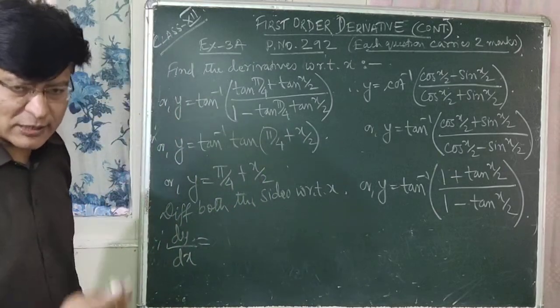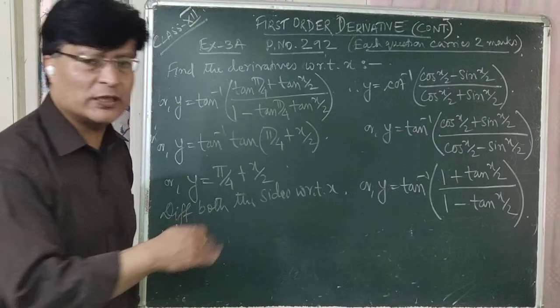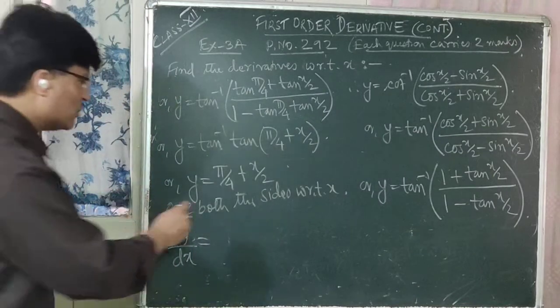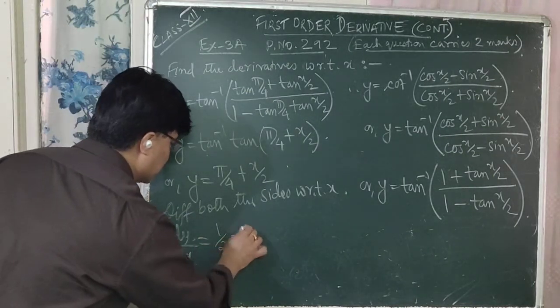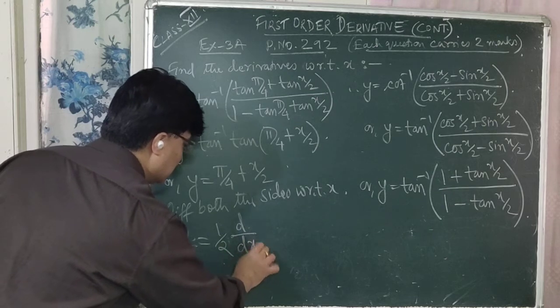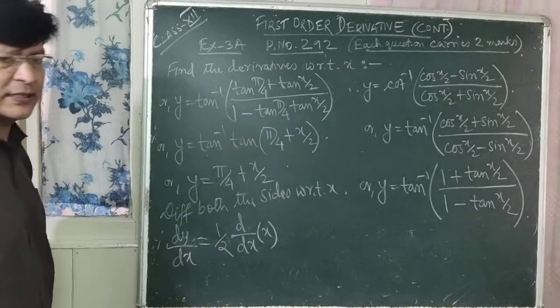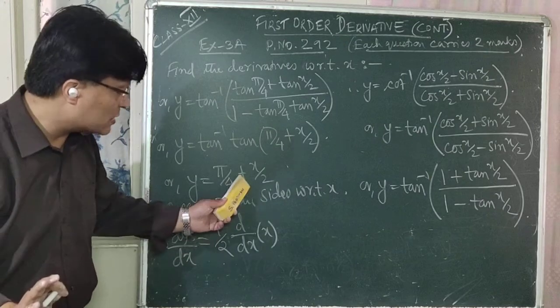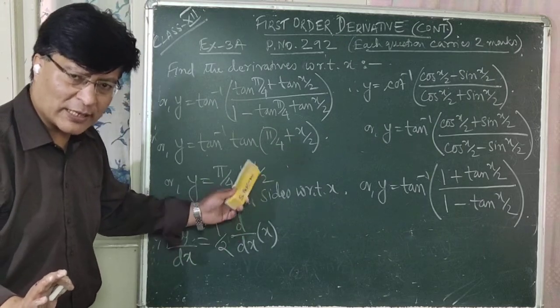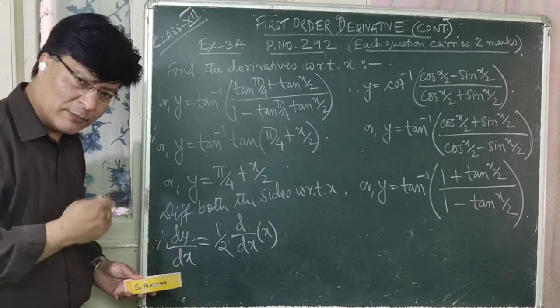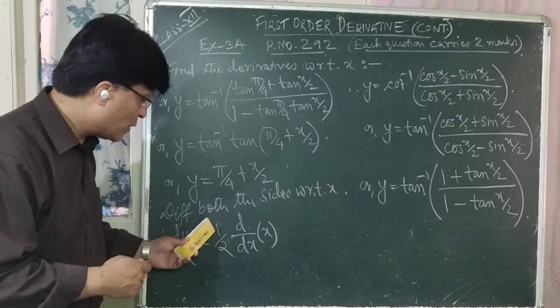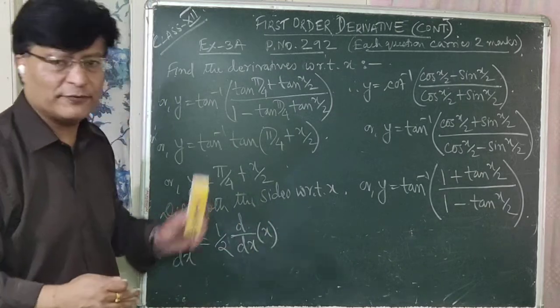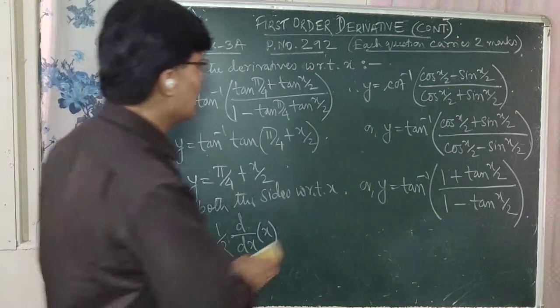Now half is constant here and half is with the variable x. So you can write down half before dy by dx. Half into dy by dx of x, right? For pi by 4 it is 0, no need of writing it. Half is constant but x is the variable. Half comes in the front of dy by dx. So half into dy by dx of x. Is that clear?